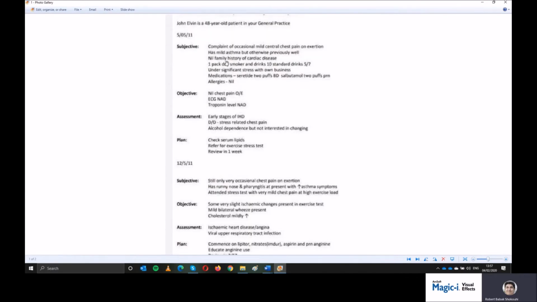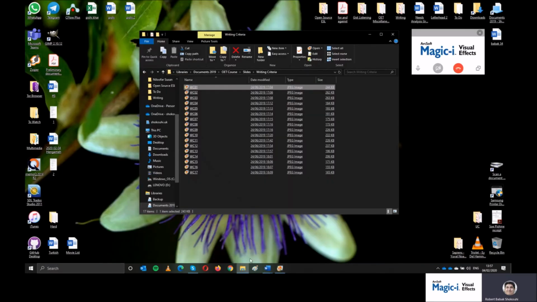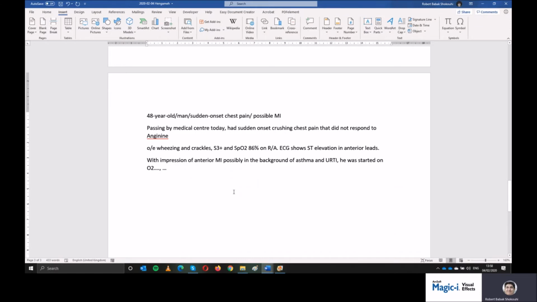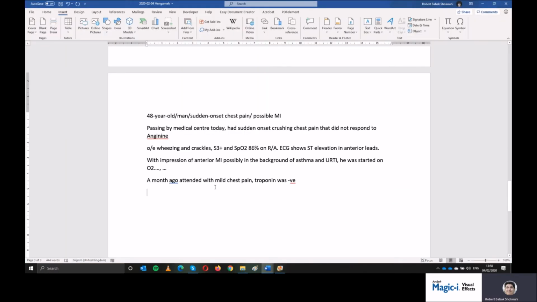So the first time that he had chest pain was a month ago. So I say a month ago he attended with mild chest pain, and troponin was negative. And then he came again with chest pain on exertion.